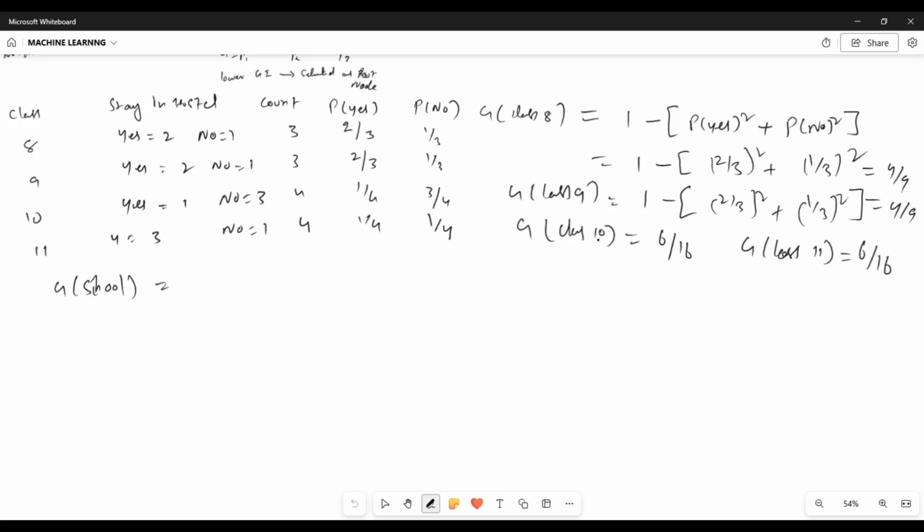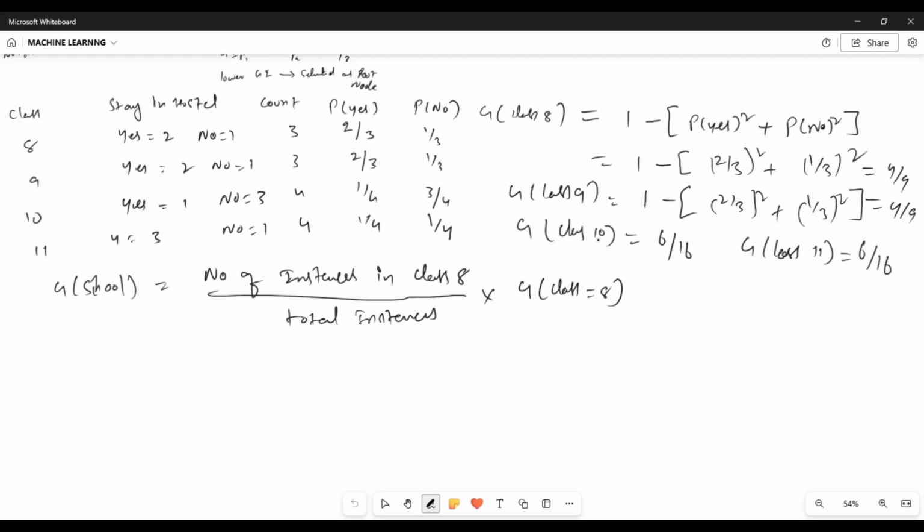So the Gini index of school is equal to, the formula is number of instances in class 8 by total instances, into G of class 8, plus the same thing into G of class 9, plus the same into G of class 10, plus the same into G of class 11. How many instances are in class 8?